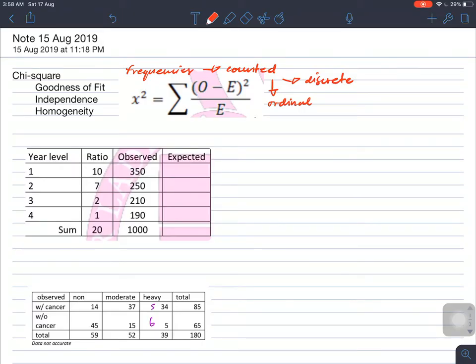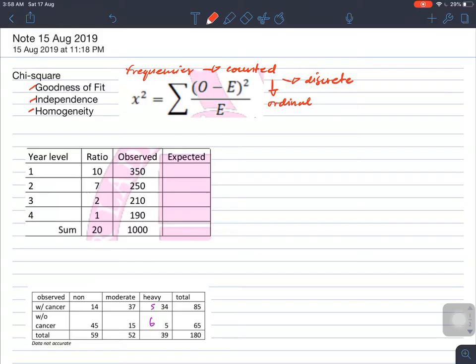Now, chi-square has three different functions. It has the function of goodness of fit, independence, and homogeneity. However, take note that these are chi-square functions as opposed to what some might think of chi-square variations.